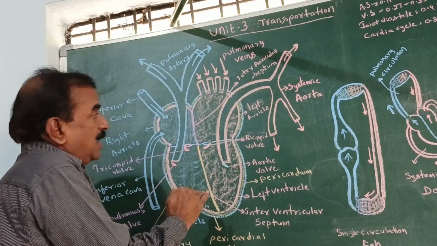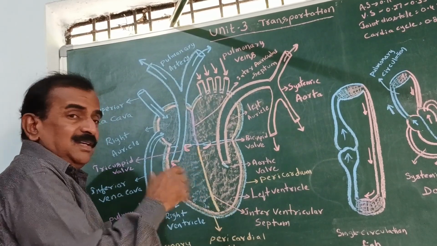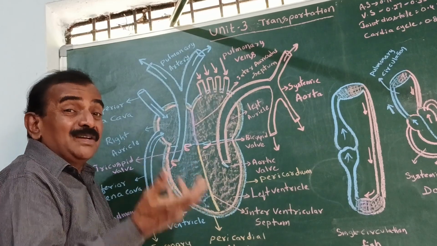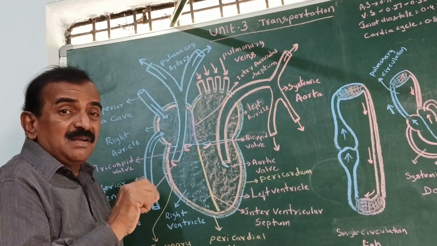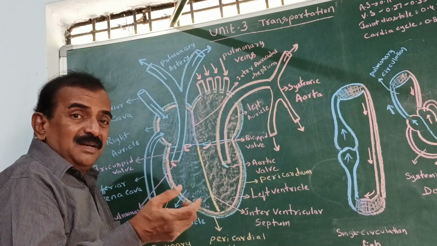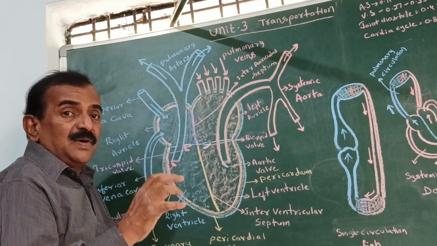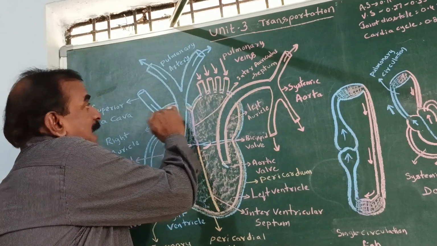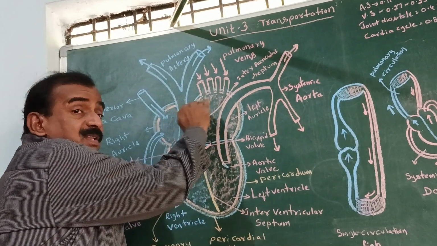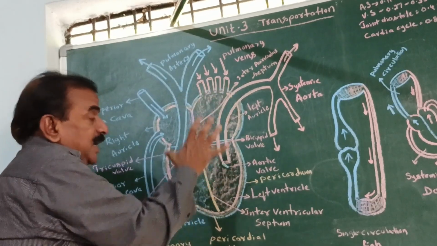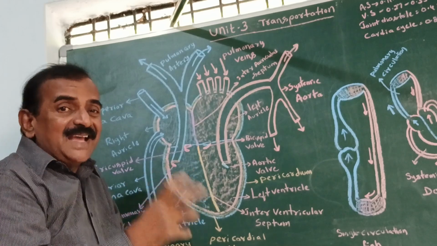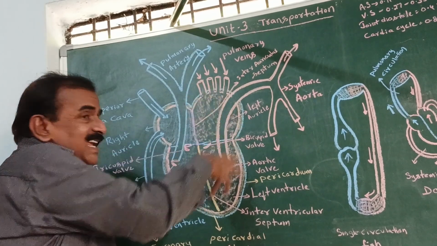So the heart is pear shaped, made up of muscles, and enclosed by a double membrane structure, the pericardium, and the pericardial layers are filled with pericardial fluid, which protects the heart from shocks and jerks. The upper part of the heart is broad, and the lower part of the heart is narrow, with a triangular outline.